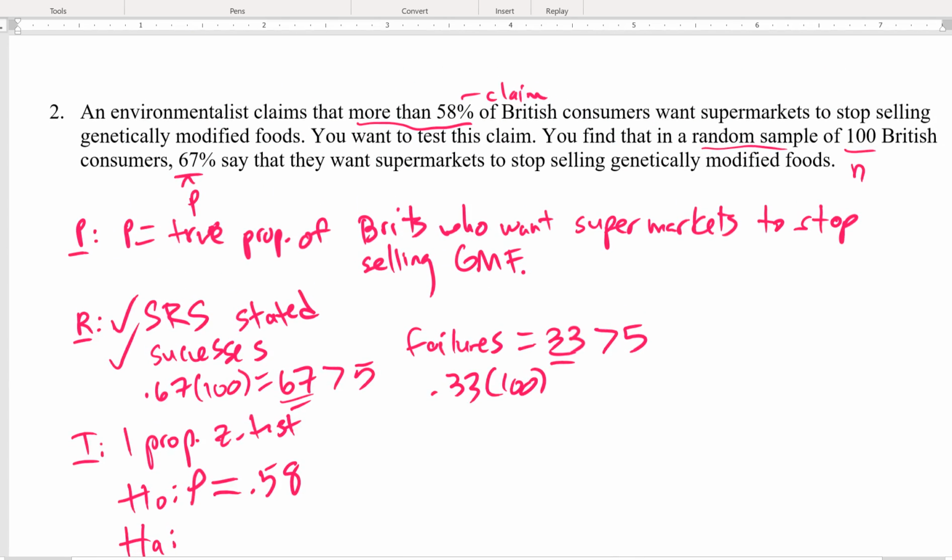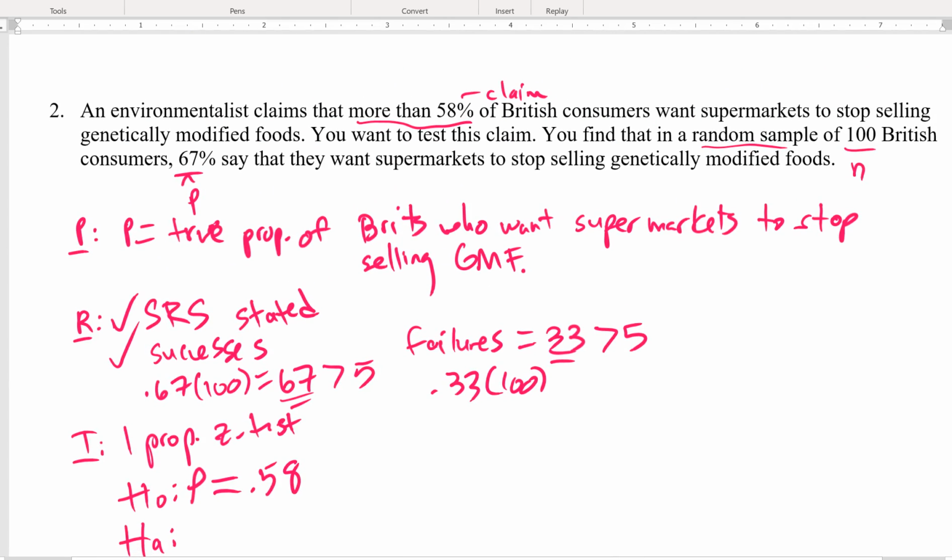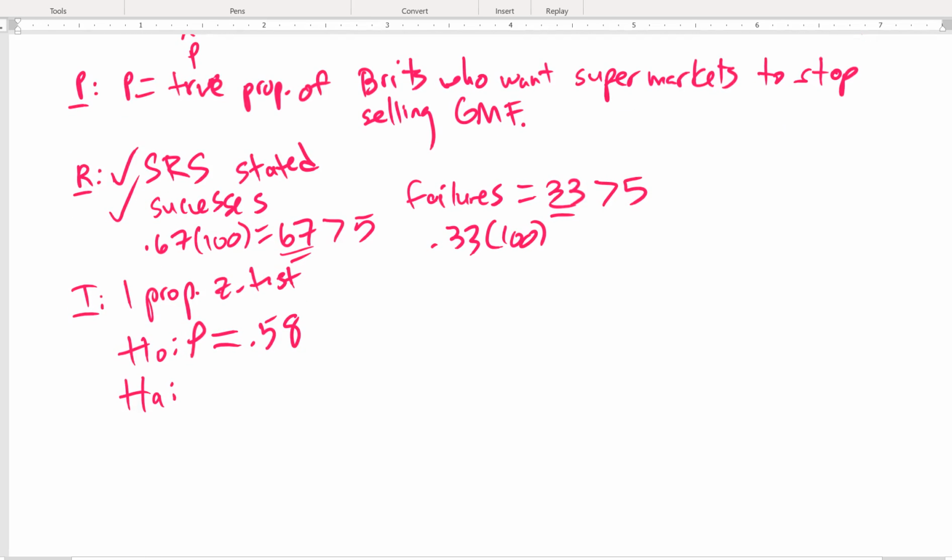Alternatively, they claimed that more than 58%. What are we trying to test? You want to test this claim. So we want to test more than 58%. We're not trying to disprove the claim. So at least this one's not crazy. I'm not going to get angry. This one is, we're just going to do more than 58. I'm trying to prove this claim. Okay?